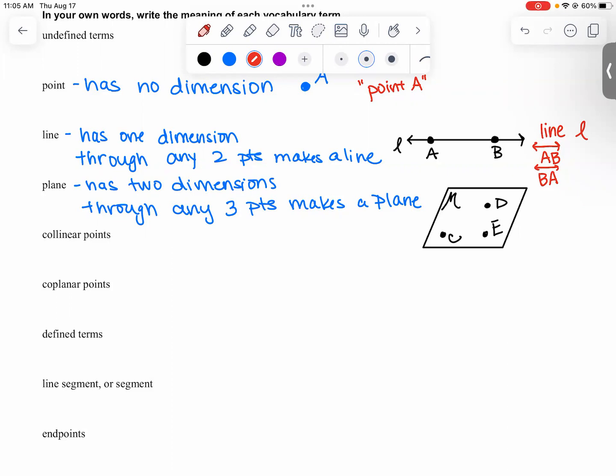All right, so we can call this plane M. Or we could use 3 points to name the plane. So we could call this plane CDE or DEC or ECD. It doesn't matter, whatever order you want to go with.